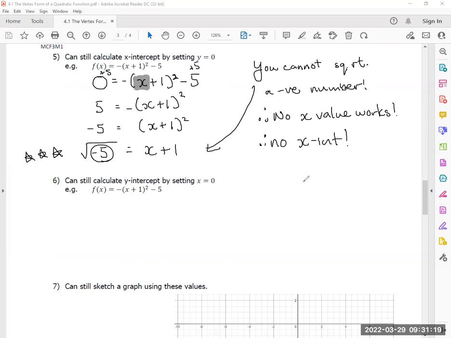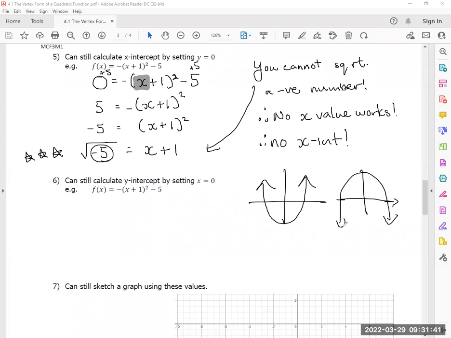I do want to move on, but stopping right there, how is that possible? How could a parabola not have an x-intercept? Doesn't it always have an x-intercept? Be creative.